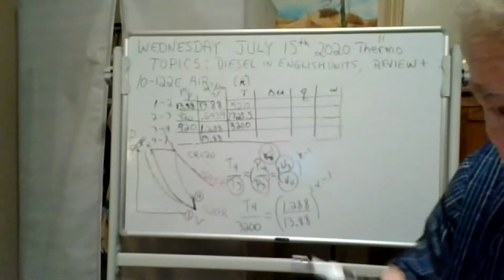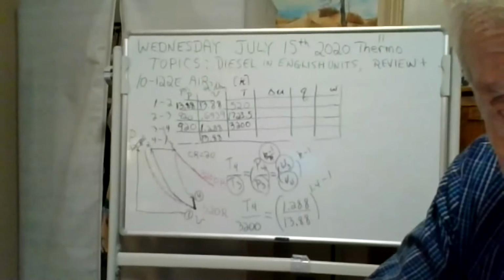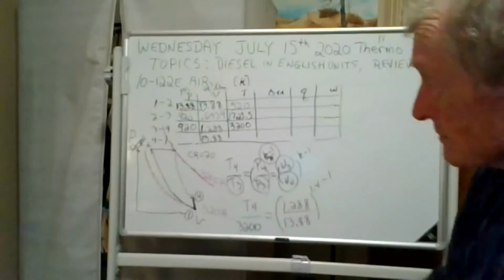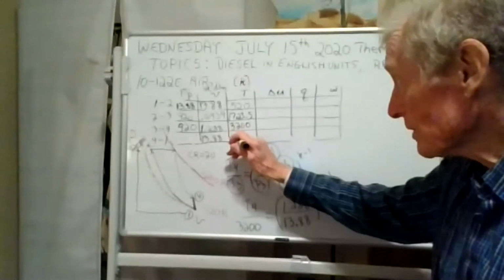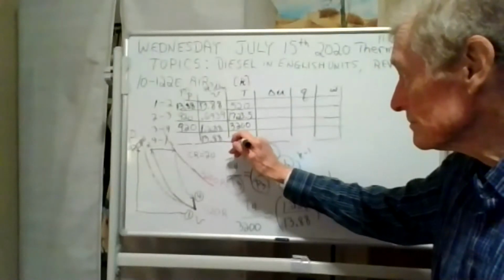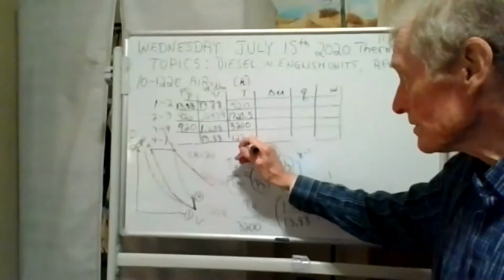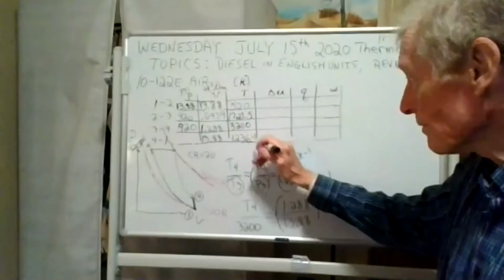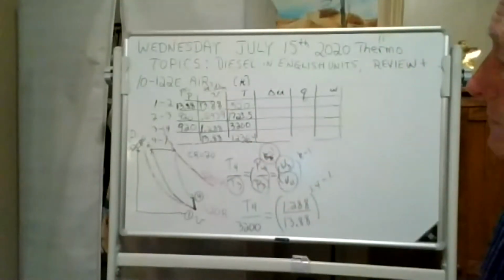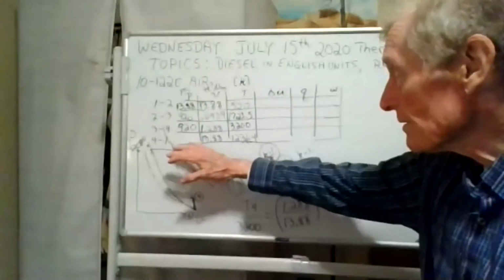Parker, do you have it yet? I got 1236.4. That's what I got. 1236.4. We did great.